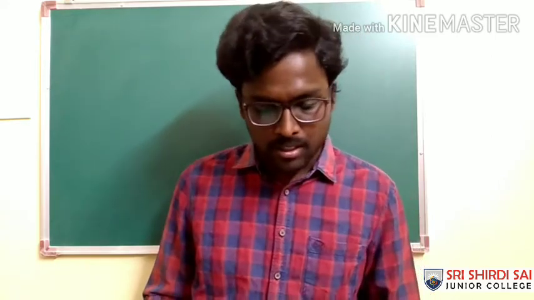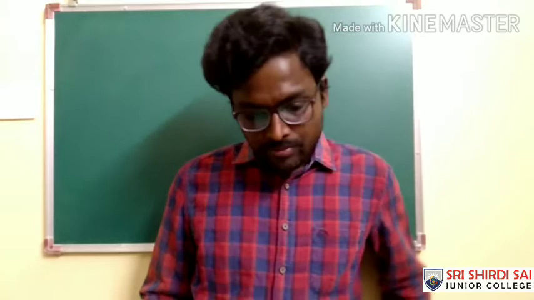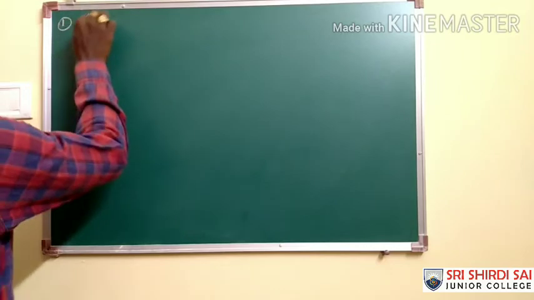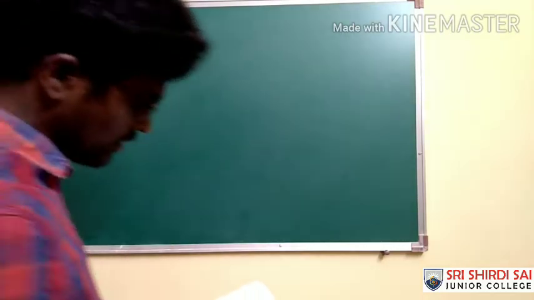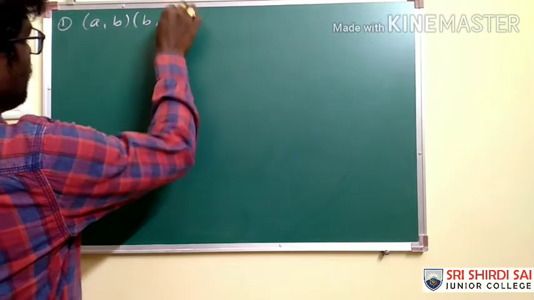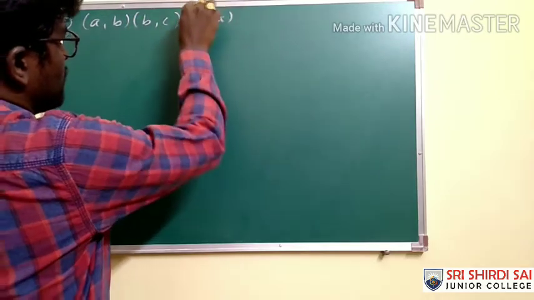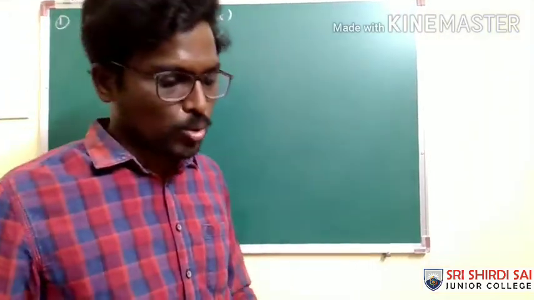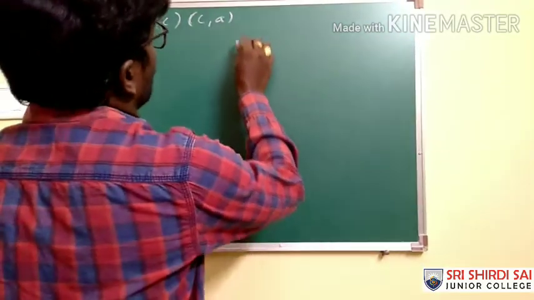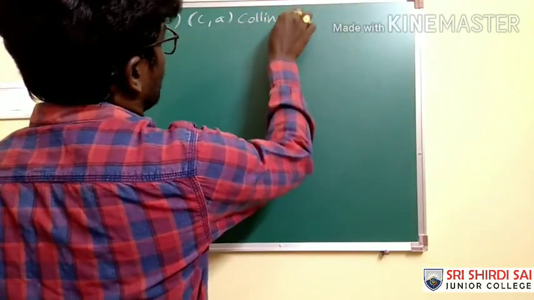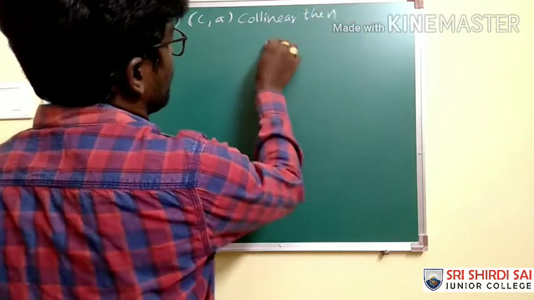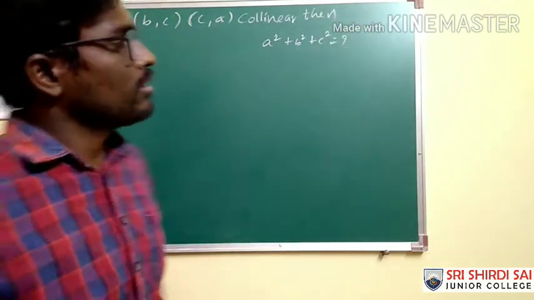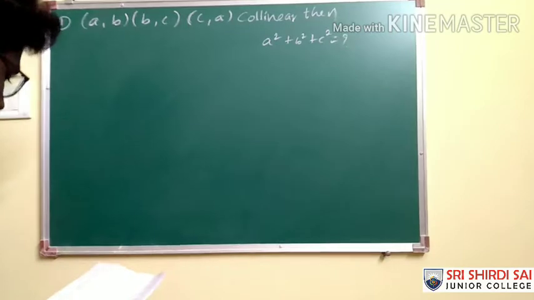Okay, let us see the first problem. Please write down. If the points (A, B), (B, C) and (C, A) are collinear, then A square plus B square plus C square is equal to.